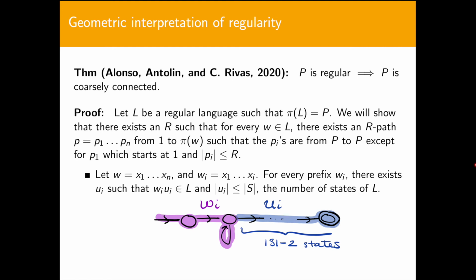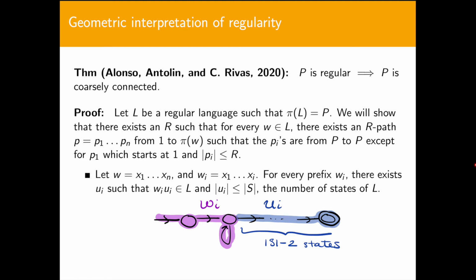So, okay, take your word W, which is x1 up to xn, and your prefix Wi, which goes from x1 up to xi. Now for every prefix Wi, there exists an associated word Ui, such that Wi Ui is in L, and Ui is smaller or equal in length to the number of states of L. The proof of that is very easy. So imagine your Wi coming from the start state of your automaton and going up to some other state.